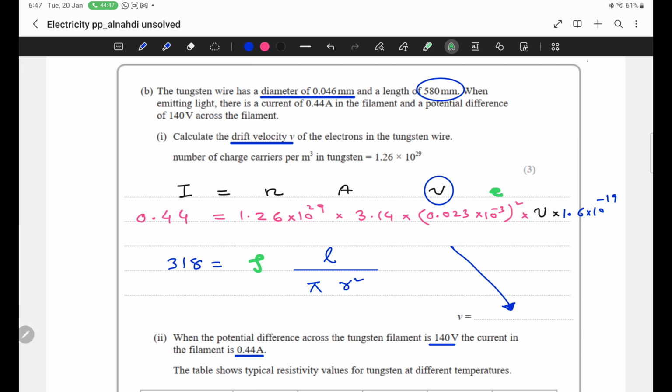Then we will decide the temperature. What is resistivity?